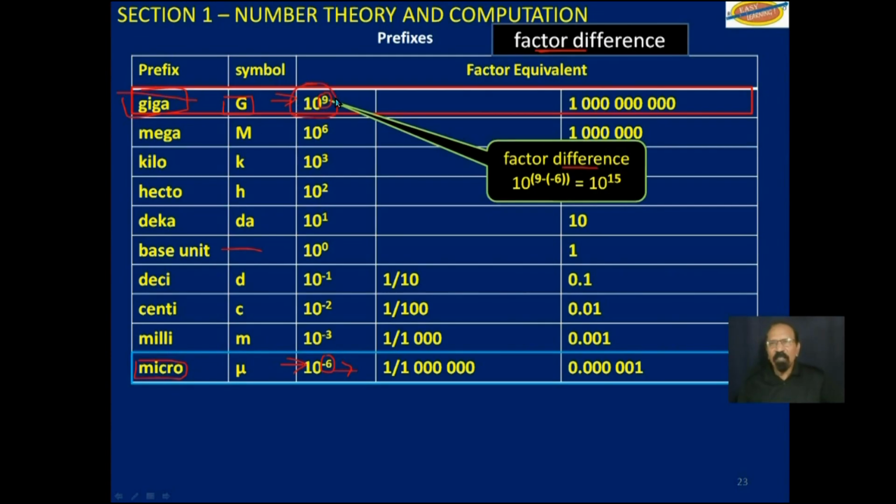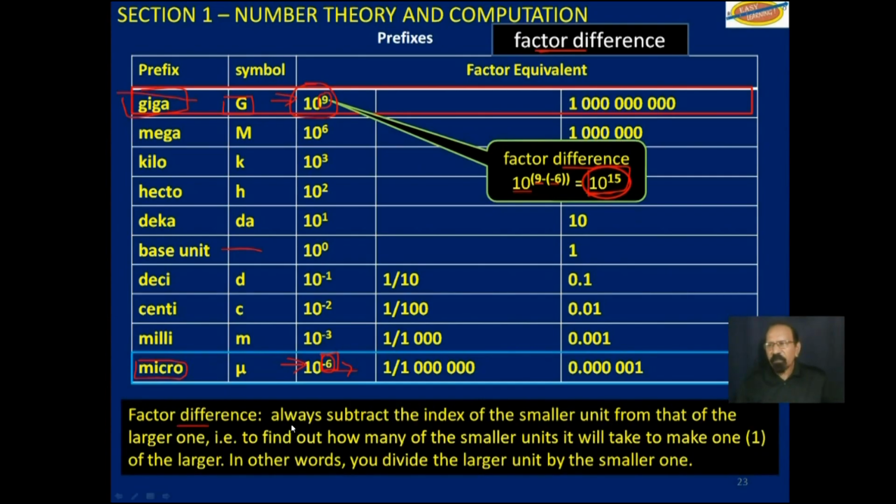So your factor difference is going to be 10 to the 9th minus this index here, negative 6. So 10 to the 9 minus negative 6 would give you 10 to the 15th. So if you are going from giga, whatever, to micro, you will use this factor difference. Either multiply or divide, depending on which direction you are going in.